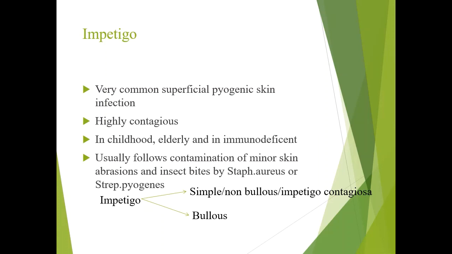Impetigo. These are very common superficial pyogenic skin infections, highly contagious, occurring in childhood, the elderly, and the immunodeficient. Usually follows contamination of minor skin abrasions and insect bites by Staph aureus or Streptococcus pyogenes. Impetigo can be simple, known as impetigo contagiosa, or bullous impetigo.